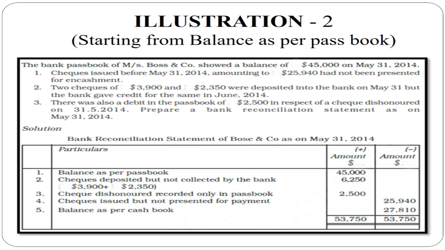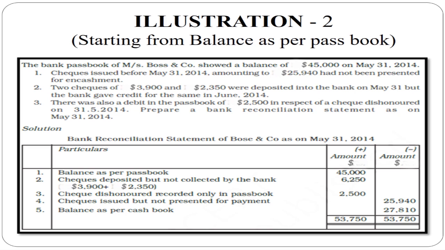So, the moment the company issued checks of $25,940, the balance of cash book was reduced. But as it was not presented for the payment, the bank balance remained increased. So, in order to cancel its effect, we will decrease the balance of passbook by $25,940.